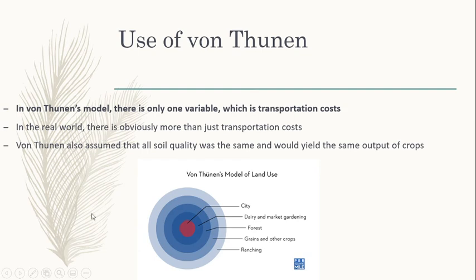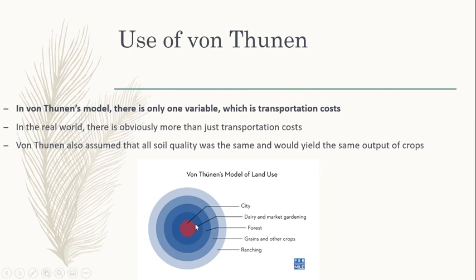You're going to use small plots of land, but you're going to be a lot closer to the city. So if you were to get 100 pounds of grain or 100 pounds of strawberries, the strawberries are going to be significantly more expensive than the grain. That is because the strawberries are produced closer to the city and the grains are produced further away from the city.